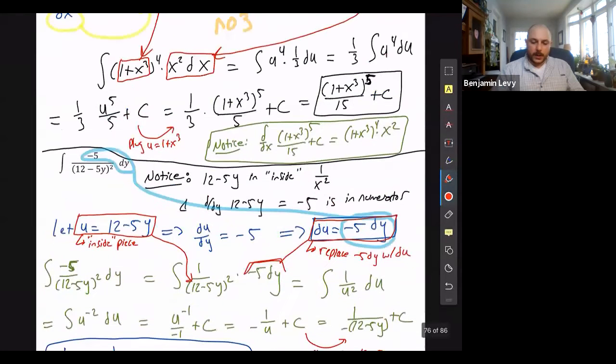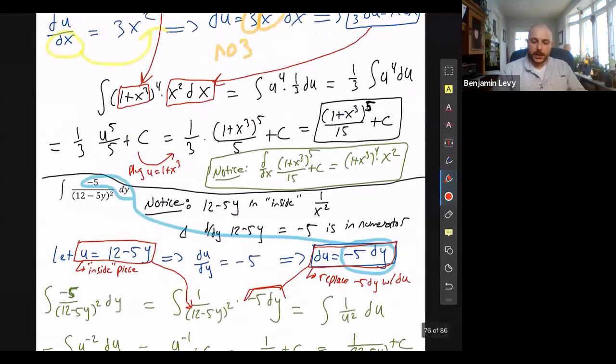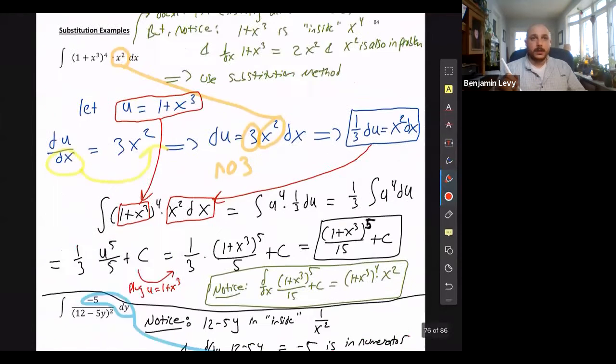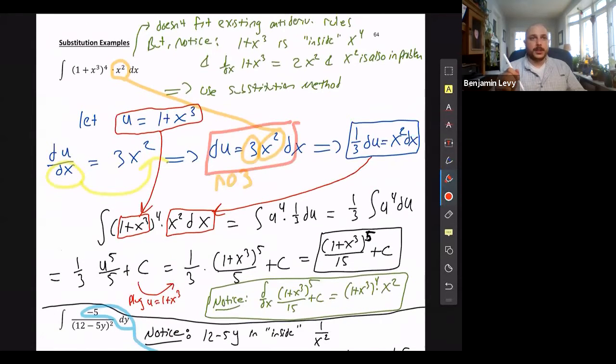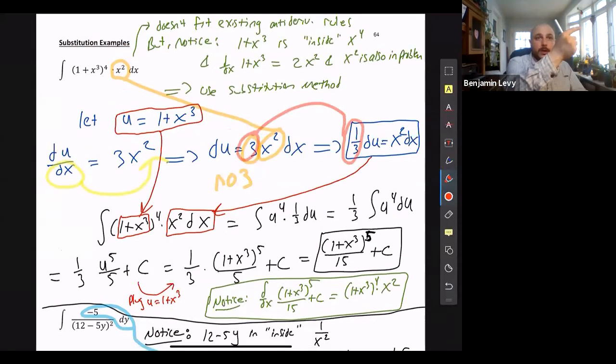In that first example, when we did the differentiation, we noticed there was no 3. See how it says no 3 in highlighted orange? We were looking up at this example and we were like, oh, there's no 3 there. And so instead of leaving the 3 as part of the substitution, we brought the 3 over to the other side and made it 1/3. And then that came with us when we did the substitution, right? We see that in the substitution actually.